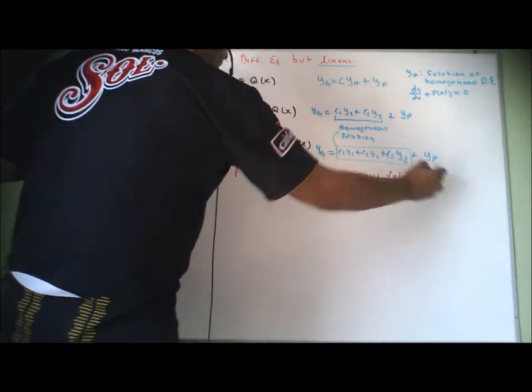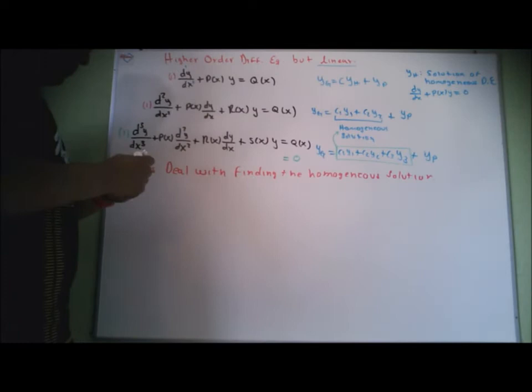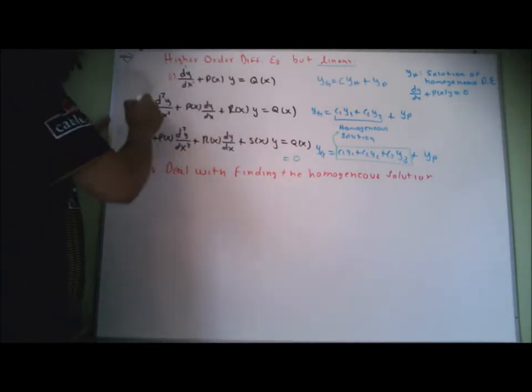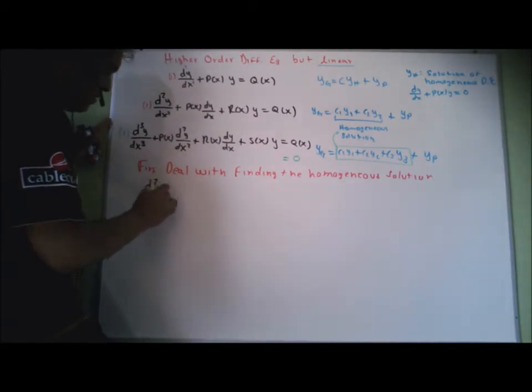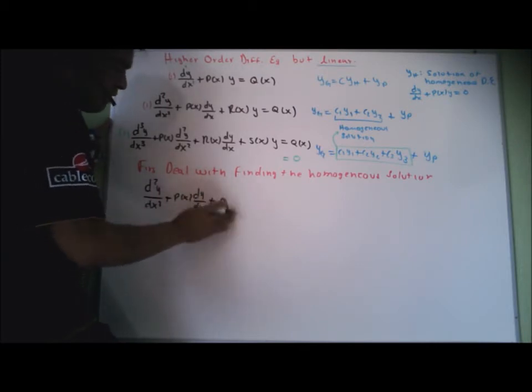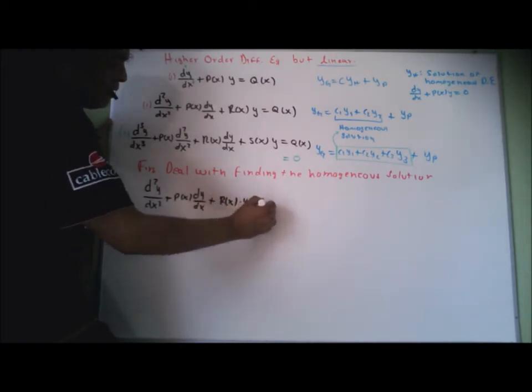So that means that Q of x is equal to 0. So the differential equation that we are going to deal with is this one: the second derivative of y with respect to x squared plus p of x times the first derivative with respect to x plus r of x times y equal to 0.